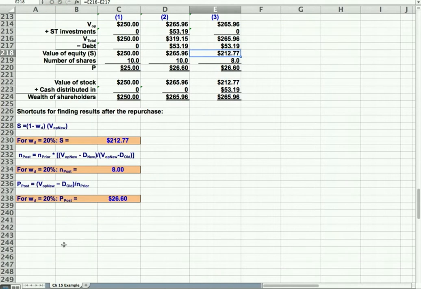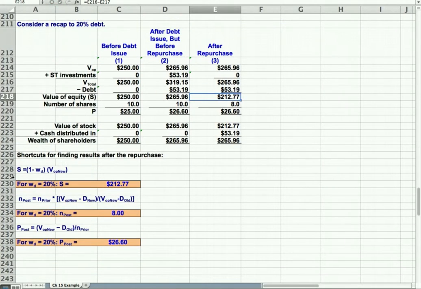Another way to calculate that is this formula here, 1 minus the portion of debt times the value of operations new. So in other words, 20% is in debt, so 80%, 1 minus 20, is in equity or stock, and we multiply that times the 265. So the 212.77 is the value of the equity or stock.